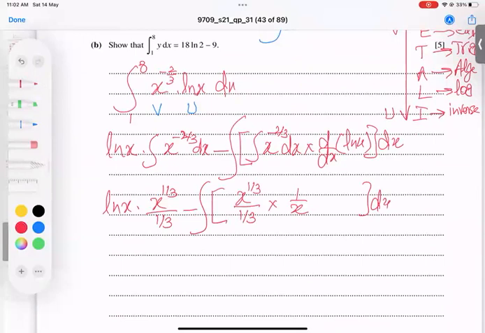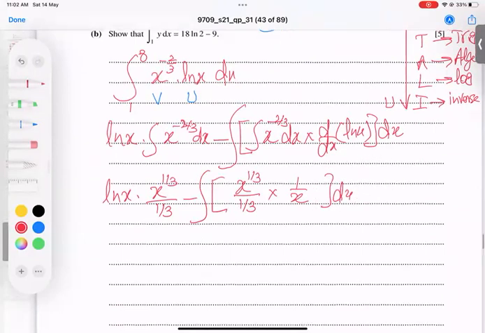Now I'm going to complete it. So after that, this is 1 by 3 in the denominator, 1 over a by b, b always flips. So it means this 1 by 3 will go up. So 3x to the power 1 over 3 into logarithm of x.